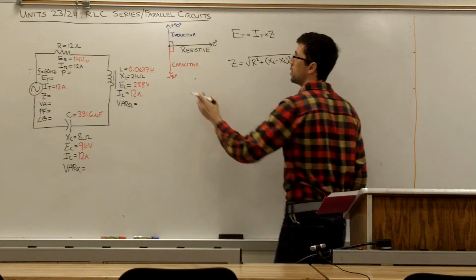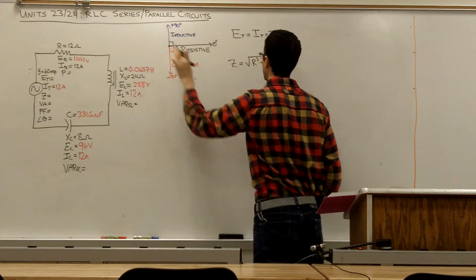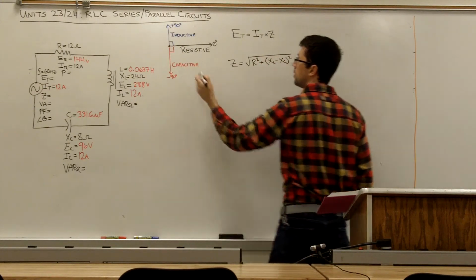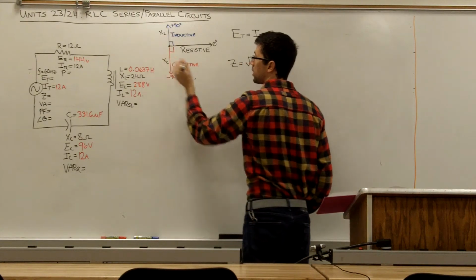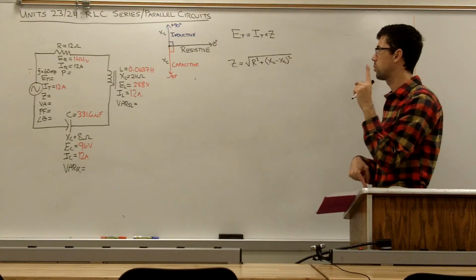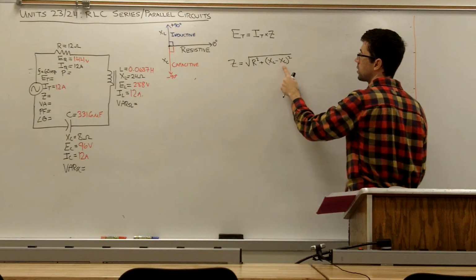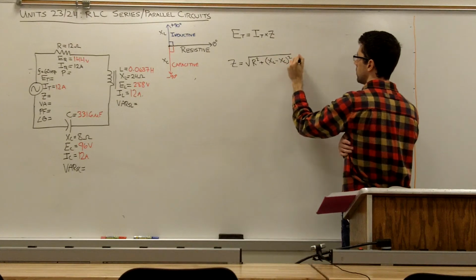Remember, any vectors that are directly opposite one another, we're going to subtract them. We have the vector X sub L at positive 90 degrees and the vector X sub C at negative 90 degrees. They're directly opposite one another, so we subtract X sub C from X sub L. This one isn't too difficult.